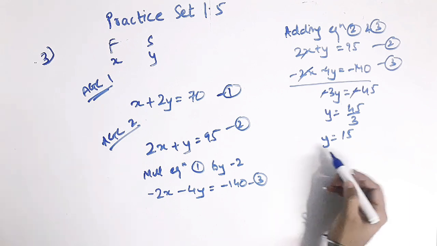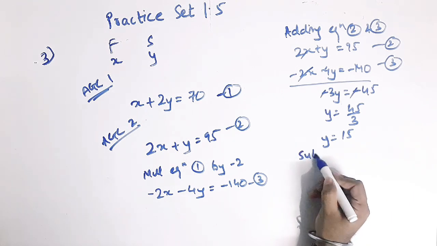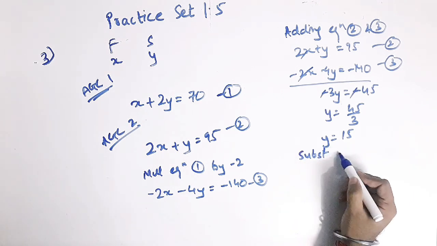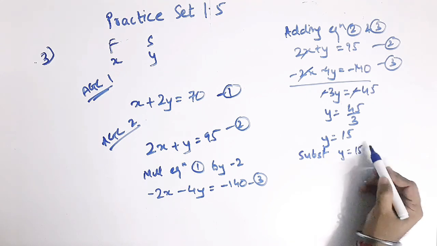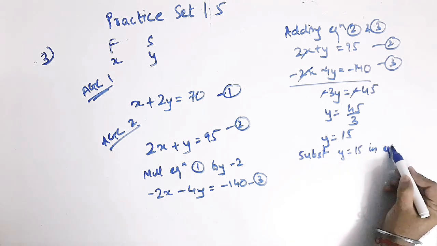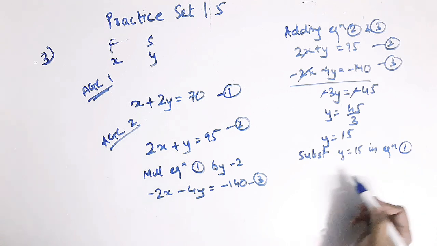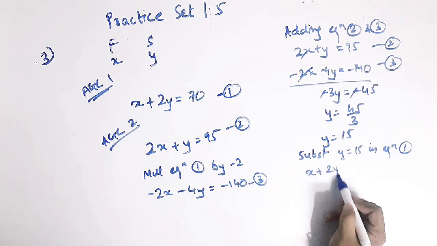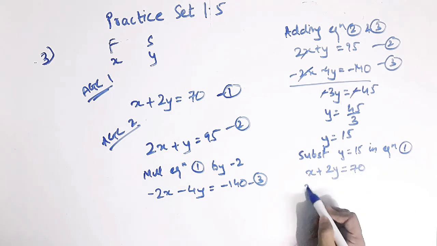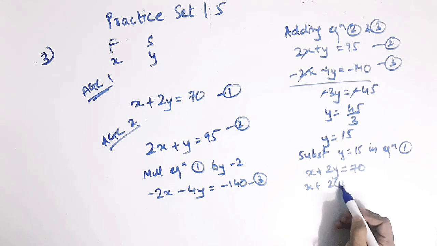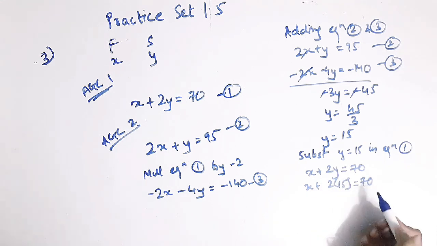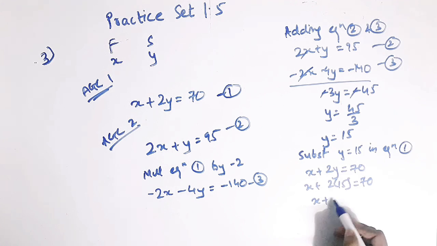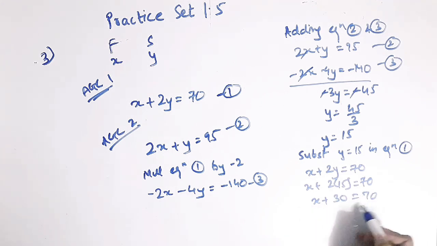Let us find x, substituting y equal to 15 in equation 1. X plus 2y equals 70. X plus 2 into 15 equals 70. X plus 30 equals 70.